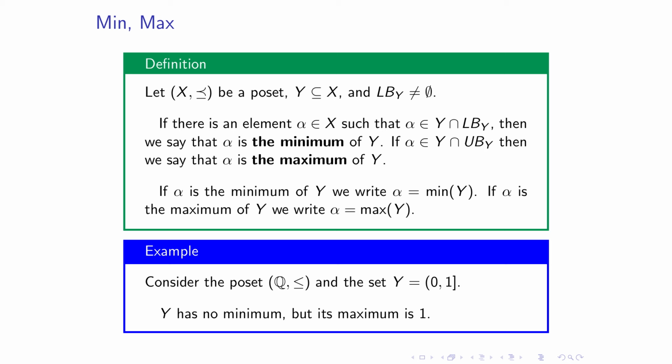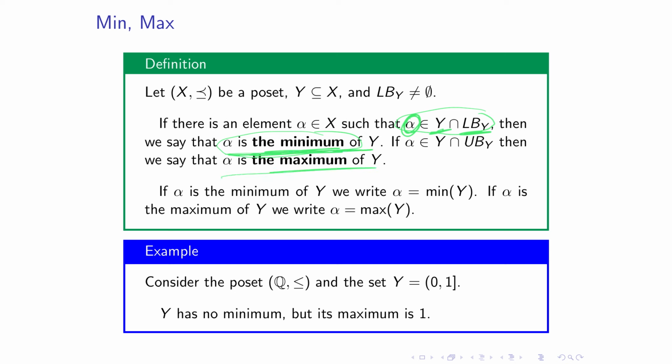And so we sort of canonize that with the definition of minimum and maximum. That's just what the minimum is. The least element in a set is always a lower bound of the set and also a member of the set. So that's the minimum, and that is, in formal terms, some value in your poset, some alpha in the poset, which is both in the subset Y and also a lower bound of the set Y. So that's what it means to be a minimum of the set.